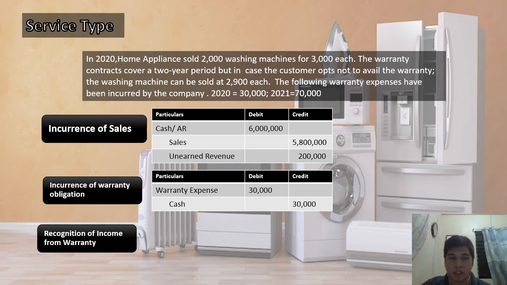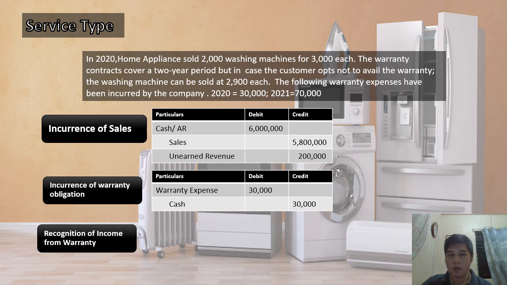And the last one is the recognition of income from warranty. Here, hindi niya kailangan mag-follow sa rule ng matching principle, because for the recognition of income from warranty, gagamitan lang po natin yan ng time-based method. Since the contract is applicable for 2 years, ang gagawin lang po natin, yung unearned revenue will be recognized over the 2-year period.